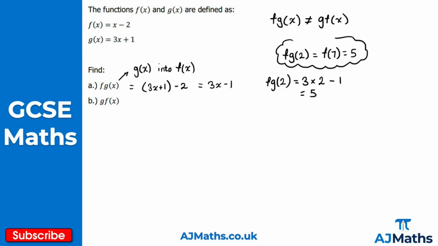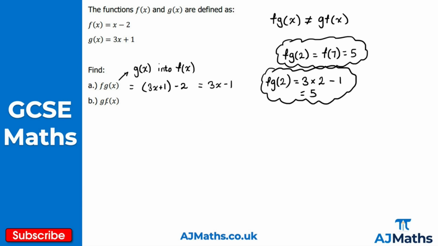That's also 5. But if we're doing it with a numerical answer, such as fg of 2 straight away, then it's just much quicker to substitute g of 2 in first, and then substitute that value into f of x. It doesn't matter which of those two ways you decide to go. Like I said, it's much quicker to just go with this first way. So that's part A.